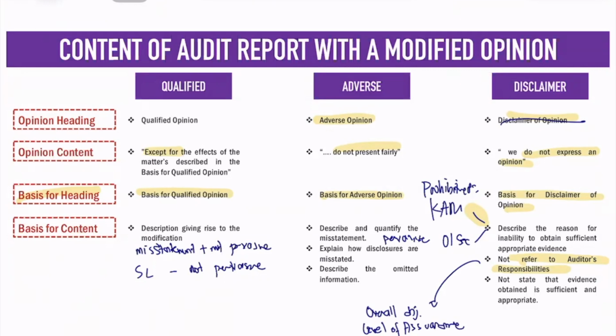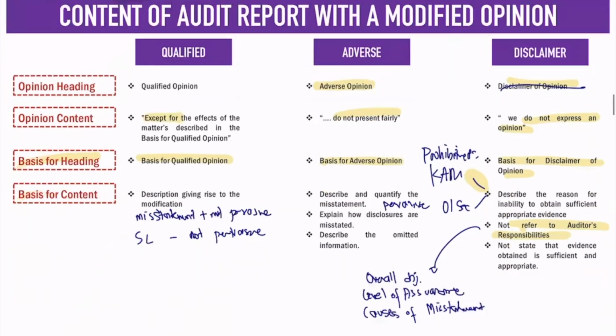Next, causes of misstatements. Aside from that, we also have your definition of materiality, professional judgment, and skepticism. And lastly, the audit process and procedures. Normally, these are the items of your auditor's responsibility.